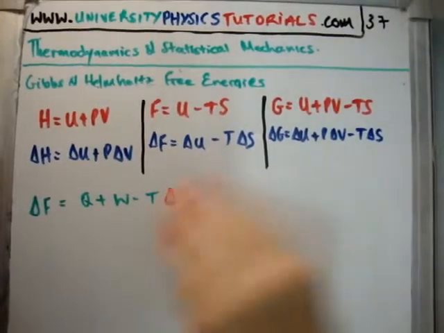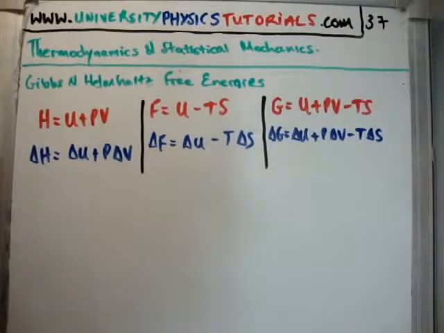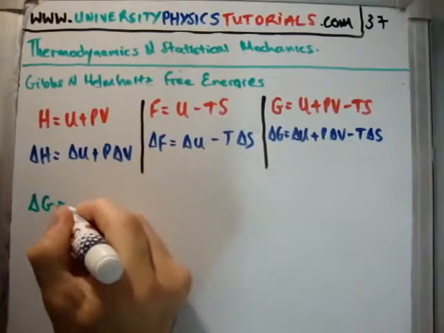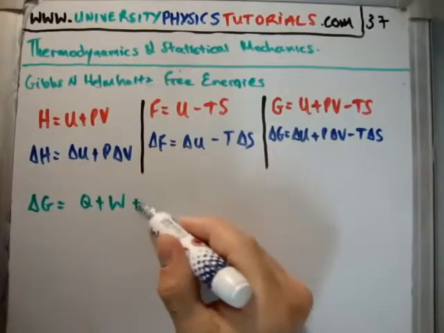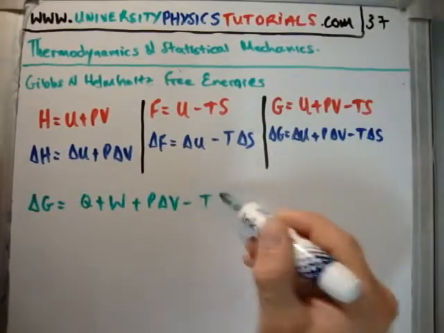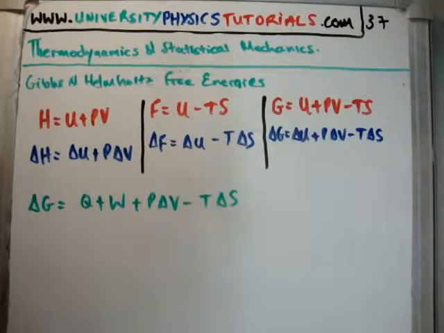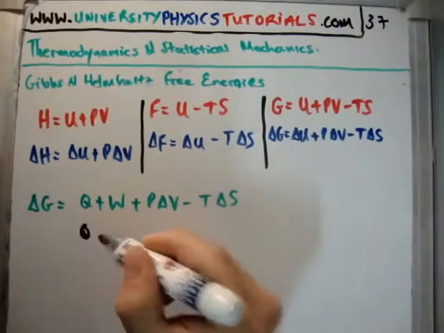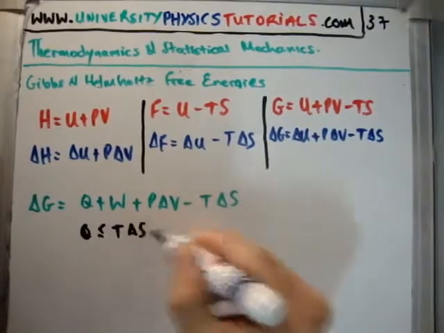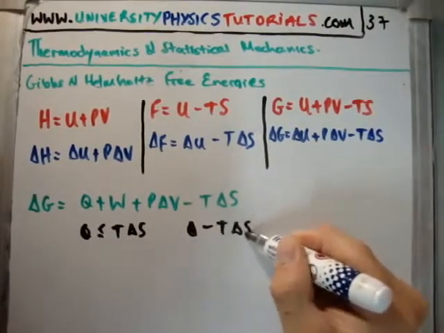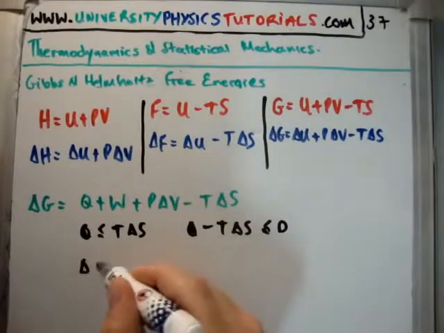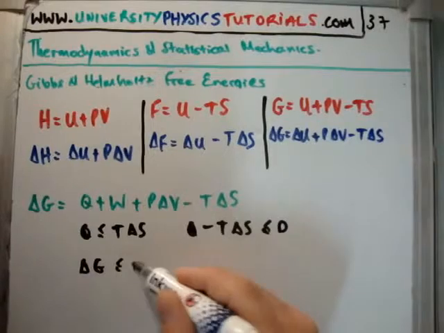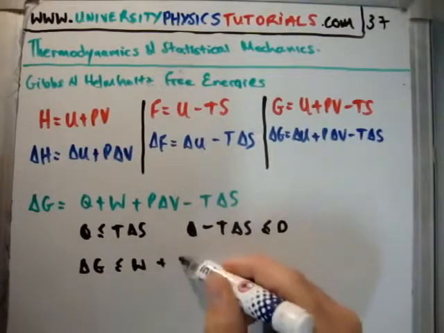Okay, so if we apply similar logic to the change in the Gibbs free energy, delta G, so delta G is Q plus W if we sub in the first law, plus P delta V minus T delta S. Now, applying the same logic as last time, we saw that Q is less than or equal to T delta S, or Q minus T delta S is going to be less than or equal to 0. Okay, that means that delta G is going to be less than or equal to the work done on the system plus P delta V.